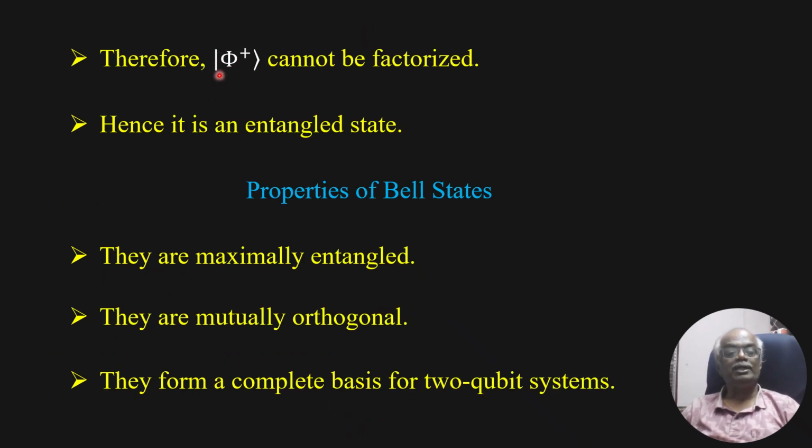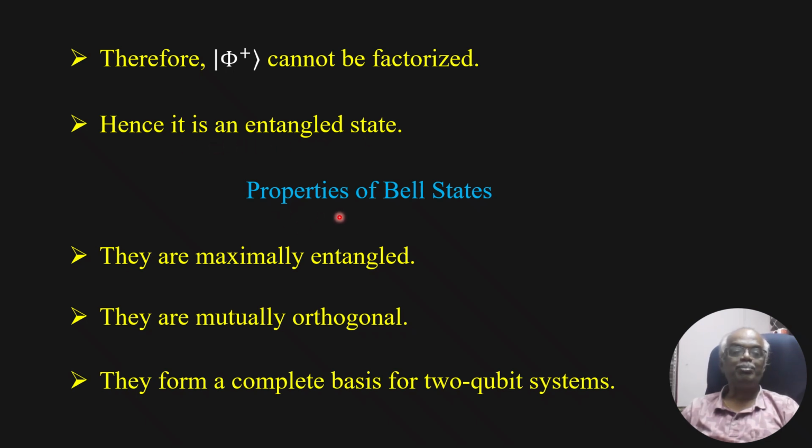Therefore, |phi plus⟩ cannot be factorized. Hence, it is an entangled state. In a similar way, we can prove the other three states, that is, |phi minus⟩, |psi plus⟩, and |psi minus⟩. All the other states we can prove in a similar way to be entangled states.